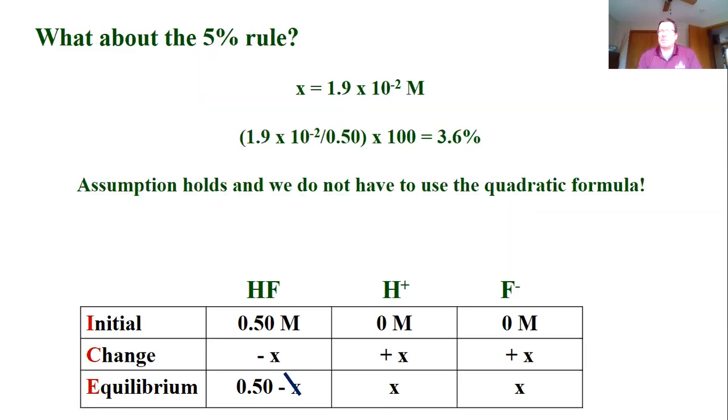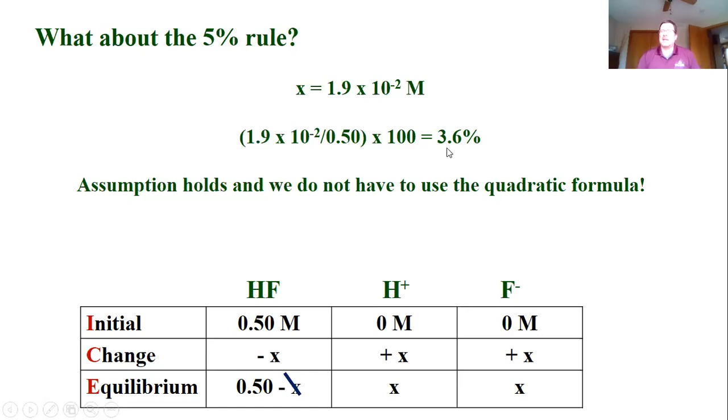Now, what's the 5% rule? The 5% rule says I can make that assumption if and only if my X is 5% or less of the initial concentration. So here's the X when I made my assumption and did the easy math. Now I need to take that number, divide by the initial concentration of 0.5, and multiply by 100.